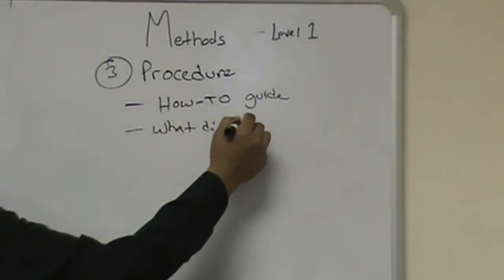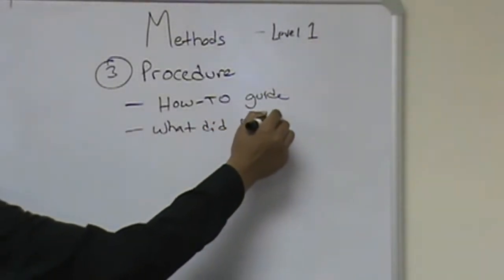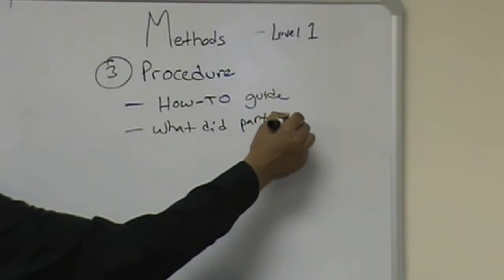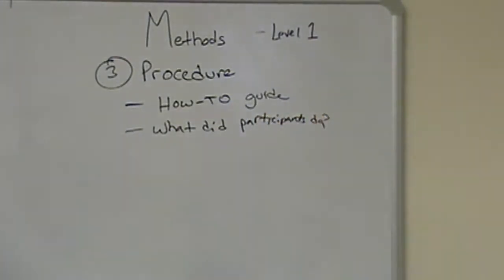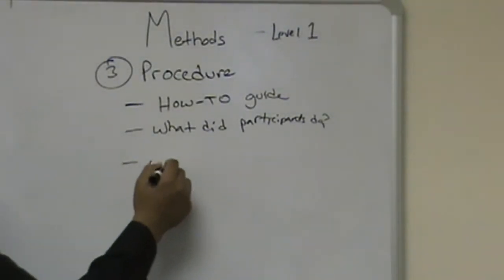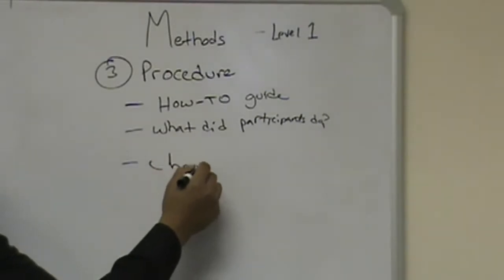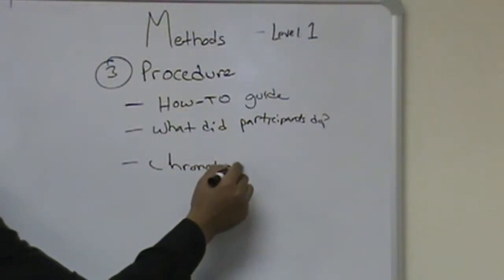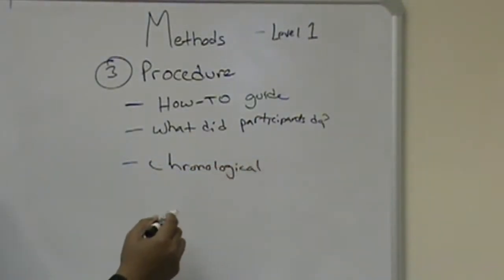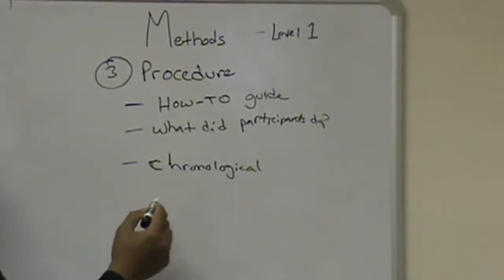What did the participants do throughout the entire study? It isn't enough just to say, oh, they sat in front of the computer for 20 minutes and then we measured them on a scale. That definitely is not enough. Everything needs to be presented in chronological order. One thing that I noticed is that there's sometimes a lack of chronological order to things.